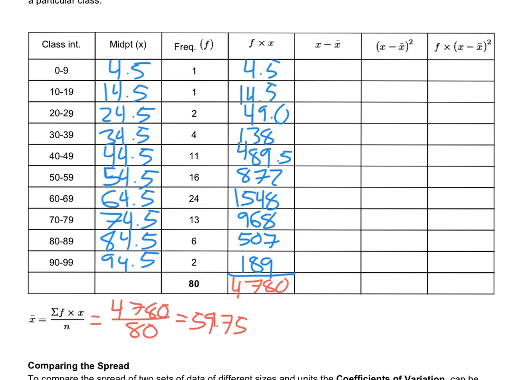Okay, so now I've got x bar, and so I can go ahead and do this x minus x bar column. So x, so 4.5 minus 59.75 is negative 55.25, and negative 45.25, and again, you should see the pattern, so go ahead and just fill it out.